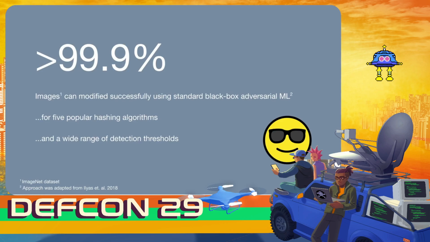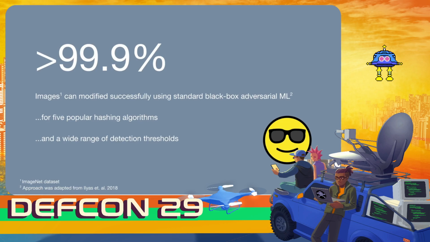We use standard black box adversarial ML algorithms, and we show that more than 99.9% of images can be modified successfully for 5 popular hashing algorithms and a wide range of detection thresholds.